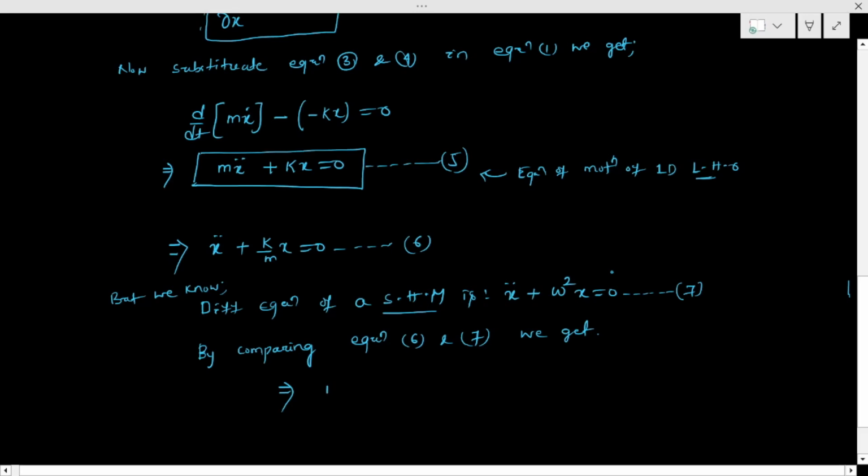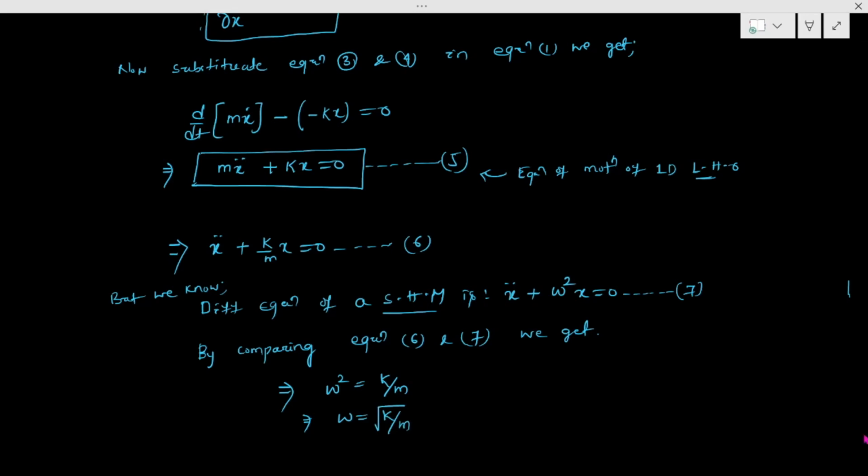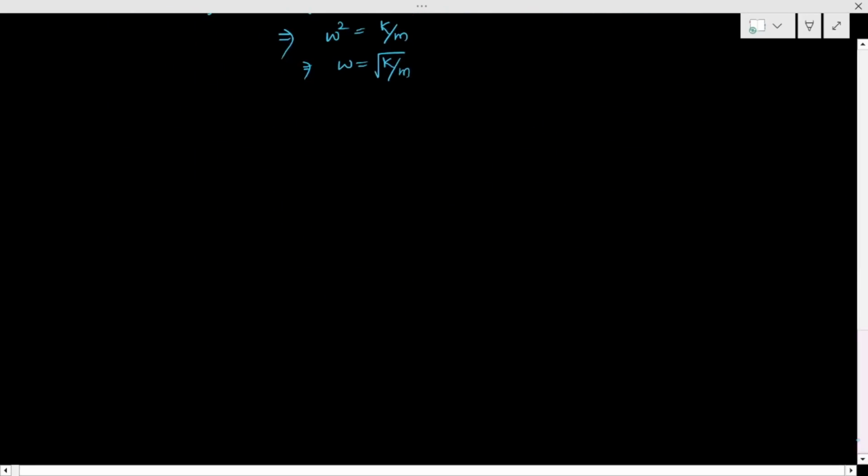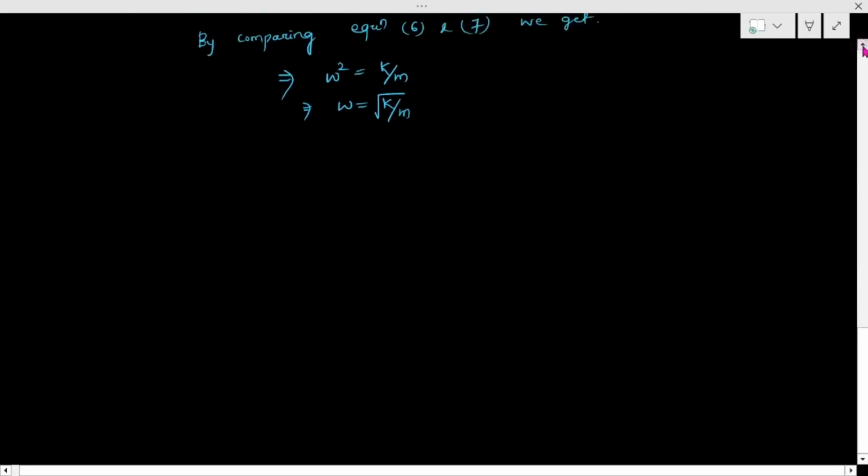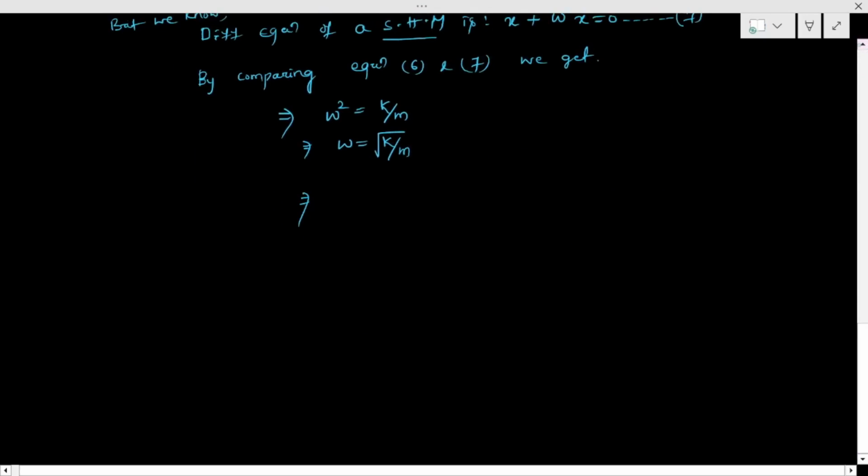That means ω² equal to k/m. That implies ω equal to square root of k/m. Here ω is the angular frequency. This ω can be written as 2π/T, where T is the time period of the oscillation.